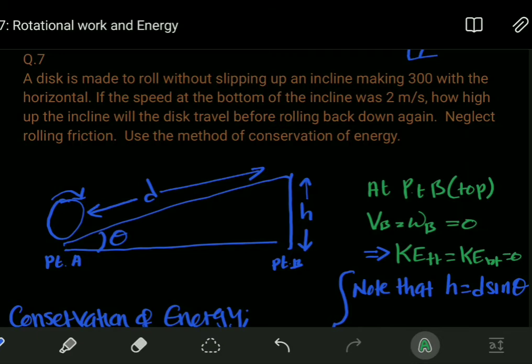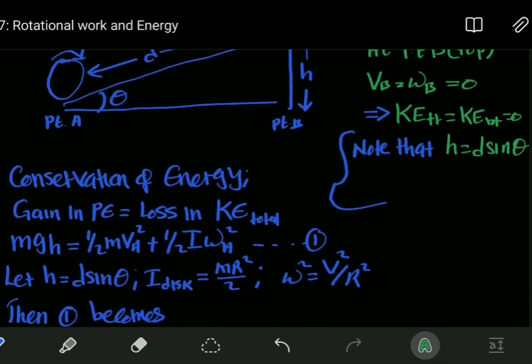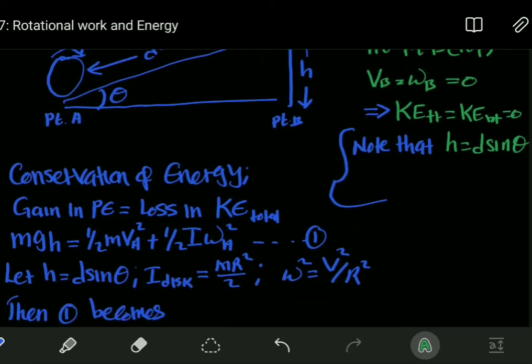Okay, so notice also from this diagram, since we are looking for h and we are given the distance, we are saying that h here equals d sine theta. Okay, we know that. Let's keep that in mind as we are working through this problem. Okay, so conservation of energy here gives that gaining potential energy equals loss in the total kinetic energy.